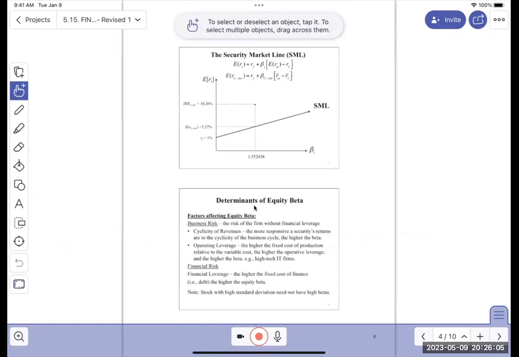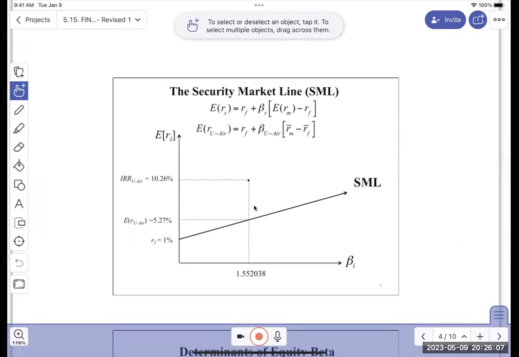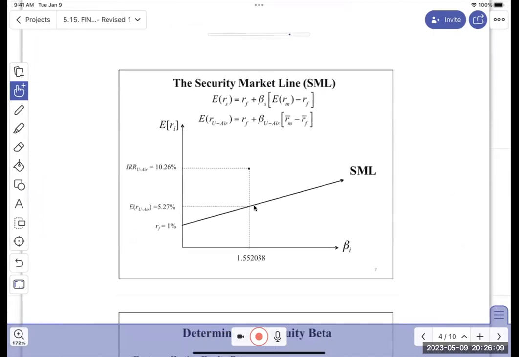So if we look back at the security market line, the UAR Bahamas project is up here.